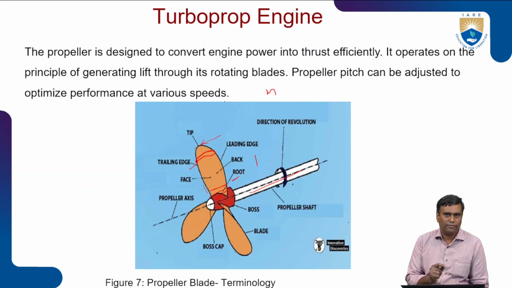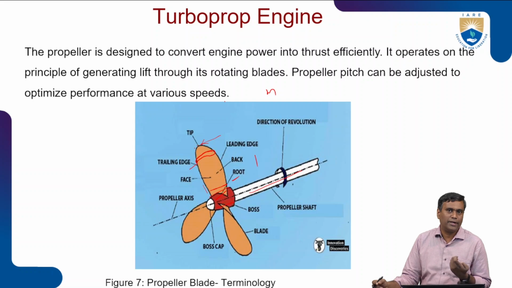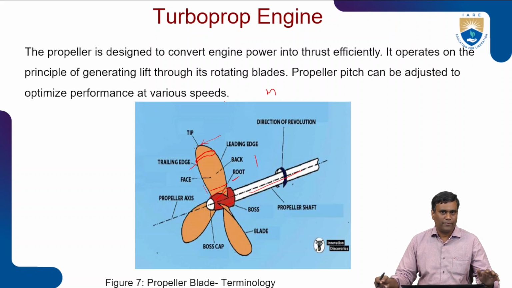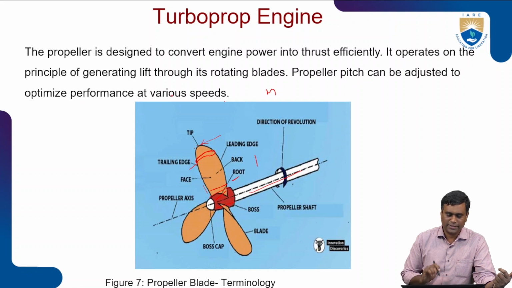That should be efficient enough at different speeds and at the same time different altitudes, during takeoff, climb, landing, as well as cruise, at different regimes of the flight. This blade should work and generate thrust efficiently. For that purpose, mostly automatic or variable pitch angle propeller blades will be equipped. So propeller pitch can be adjusted to optimize the performance at various speeds.